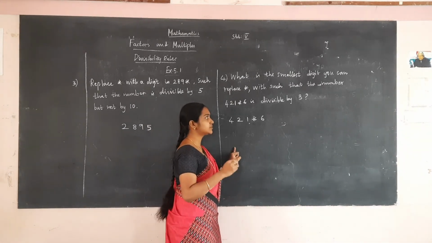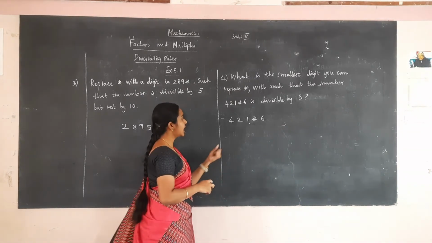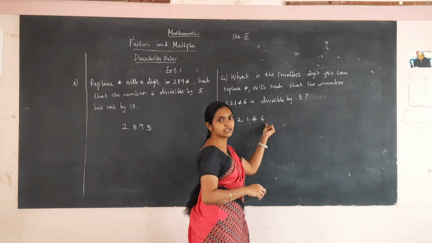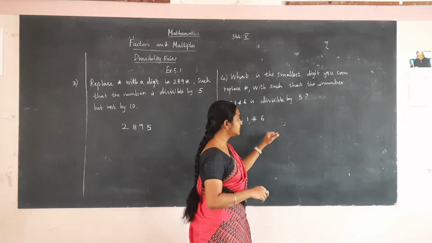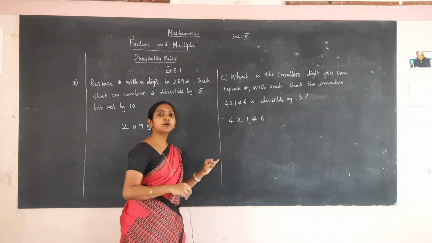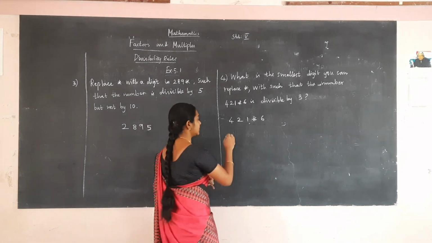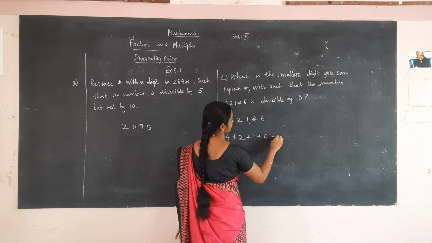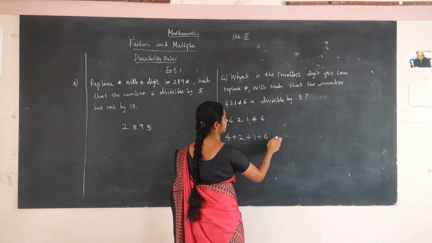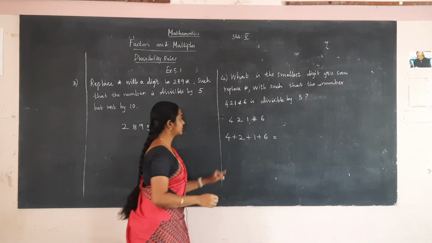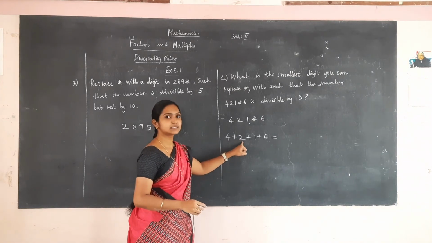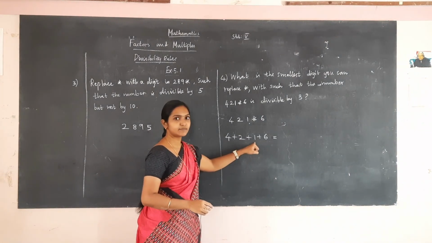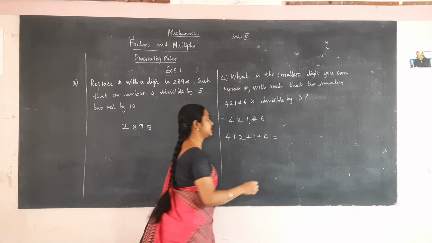The divisibility rule for number 3 is we have to sum all the digits in the number. If that sum is divisible by 3, then the whole number will be divisible by 3. So sum the numbers. 4 plus 2 is 6, 6 plus 1 is 7, 7 plus 6 is 13.